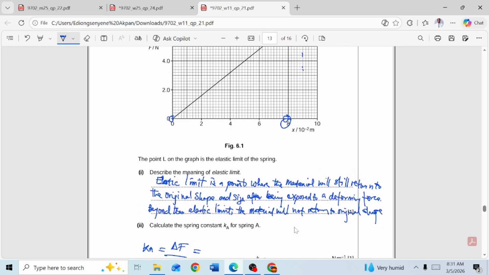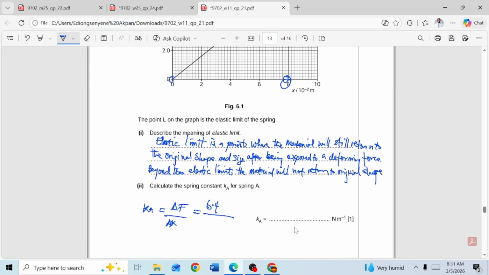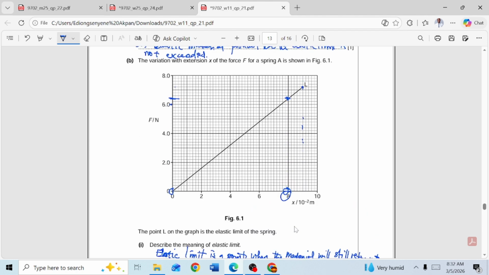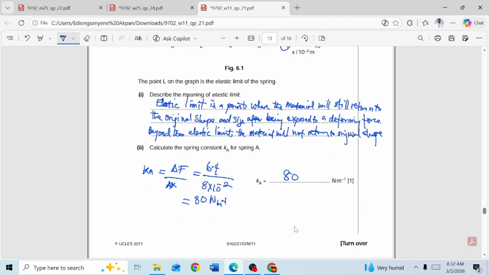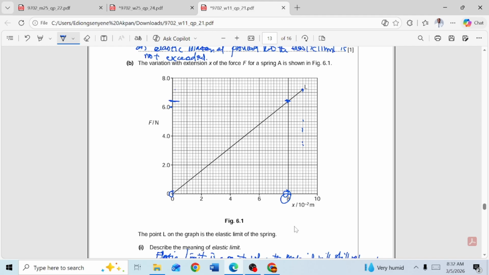That will give us 6.4 divided by 8 times 10 to the power minus 2. The answer is 80. Take note of that. You can pick any point, but make sure it is very clear.